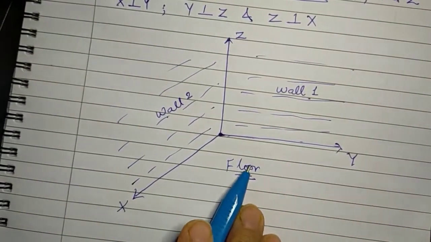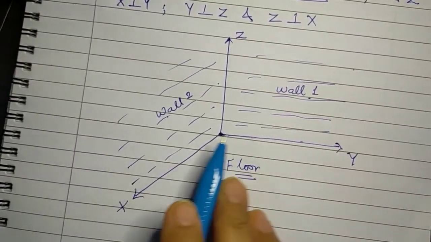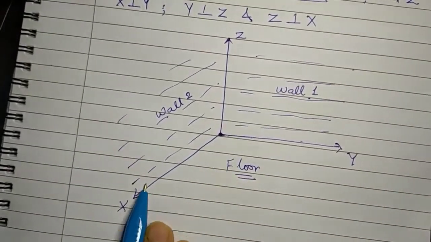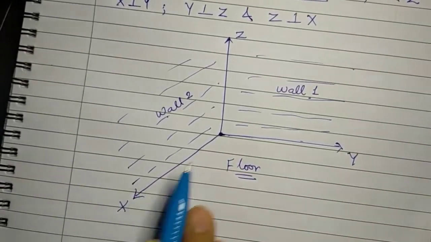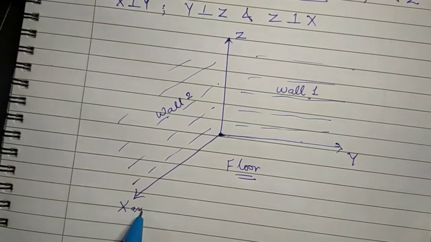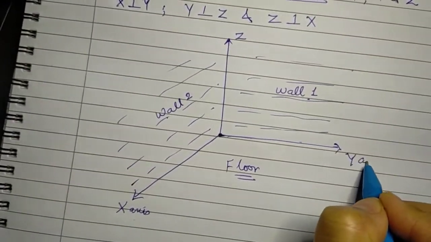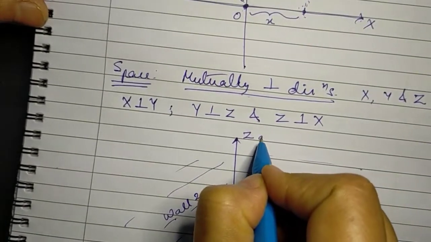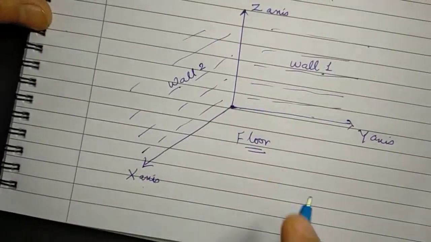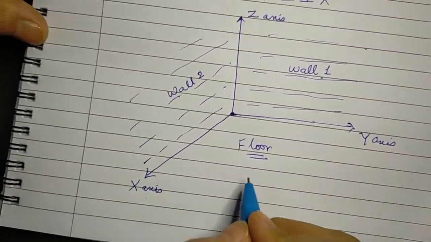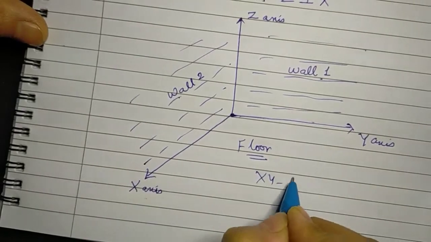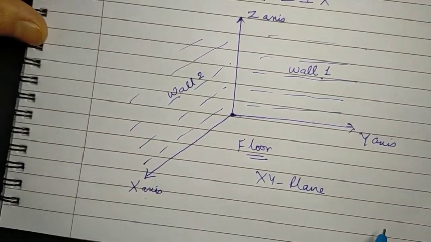Now these are actually combinations of three planes. One plane is bounded by the x-axis and the y-axis, this is the z-axis. The plane bounded by the x and the y-axis is called the xy plane.